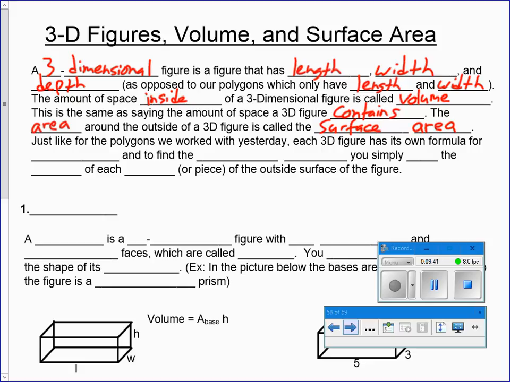Just like with the polygons that we worked with yesterday, each 3D figure has its own unique formula for finding volume, and there are four different 3D shapes we're going to go through. To find the surface area, all you have to do is add the area. The area is made of either polygons or circles of each face.